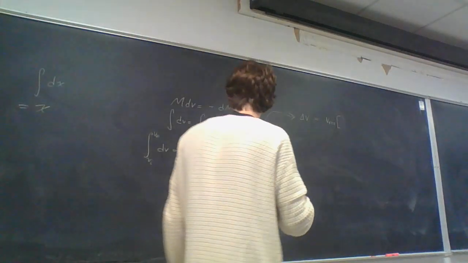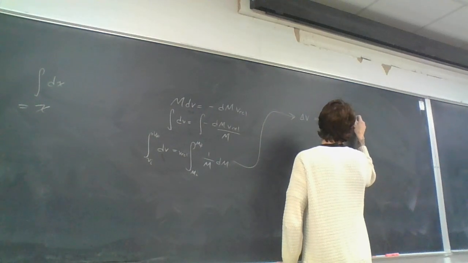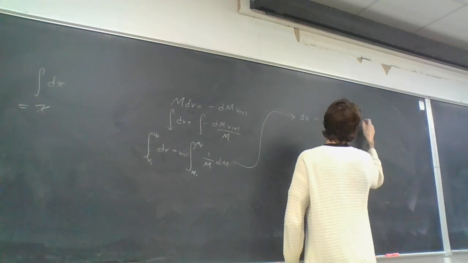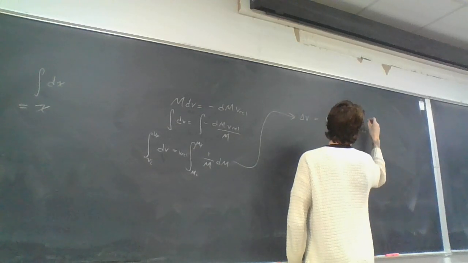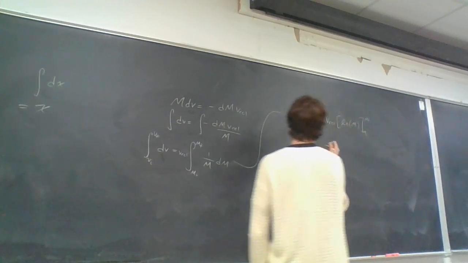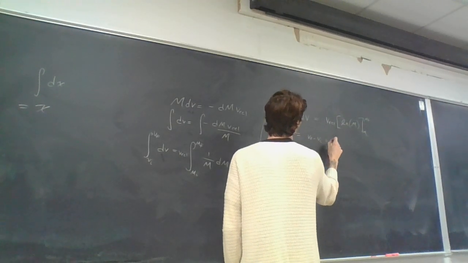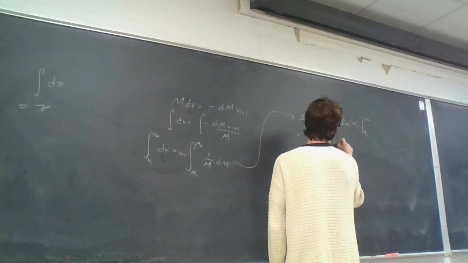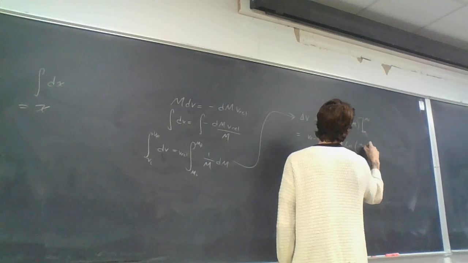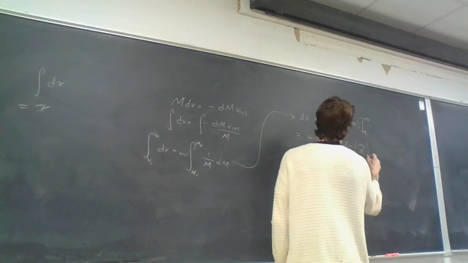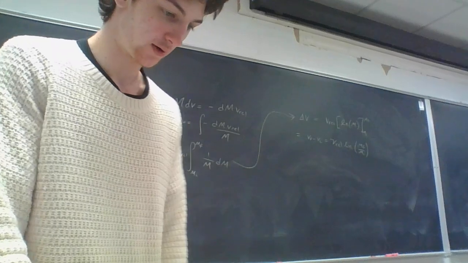That's okay. So that's going to be our natural log of M. And we're going to go from M initial to M. And so this is going to reduce to V final minus V initial equals V relative, the natural log of M final over M initial. Oh, did I miss? No, I did not.